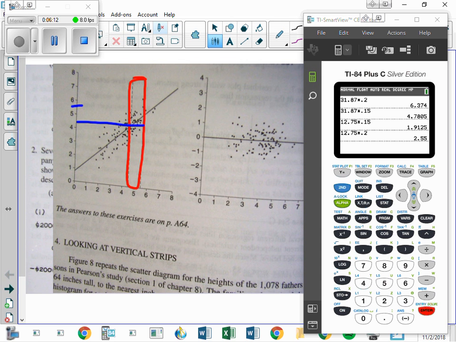If I go up 1 and 2 from the average, do I capture 68% of the people in the red column? Nope. I captured almost everybody. And 2 is going to give me the same thing. So if I go up 0.6 and down 0.6, do I capture 2/3 of the people in that column?